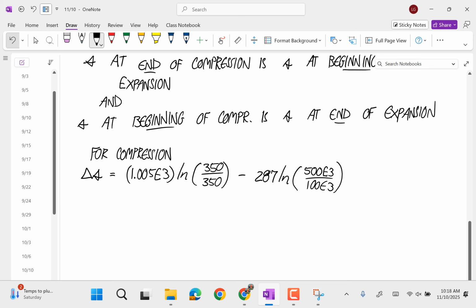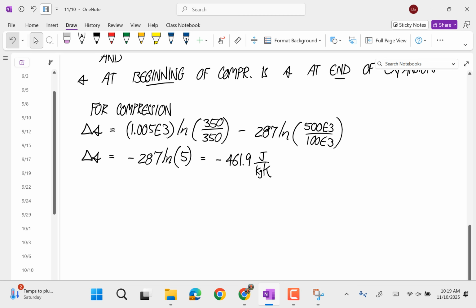And so delta S is equal to negative 287 times the natural log of 5. Can someone plug that in? I don't have a calculator with me. That's negative 461.9, and this is in joules per kilogram Kelvin.